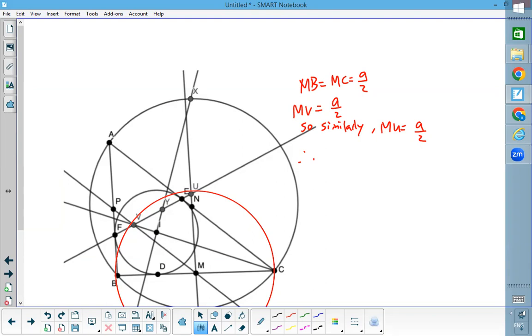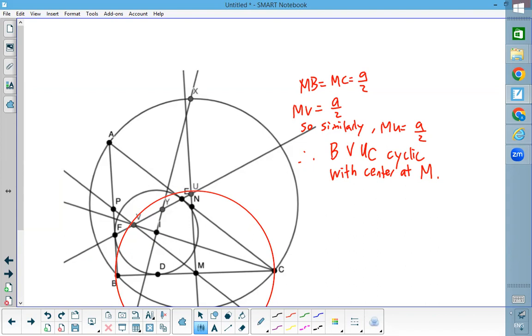So we can say that B, V, U, C are cyclic with the center at point M, because those four points are equidistant from point M. If you draw a circle, the four points must be on the circle.